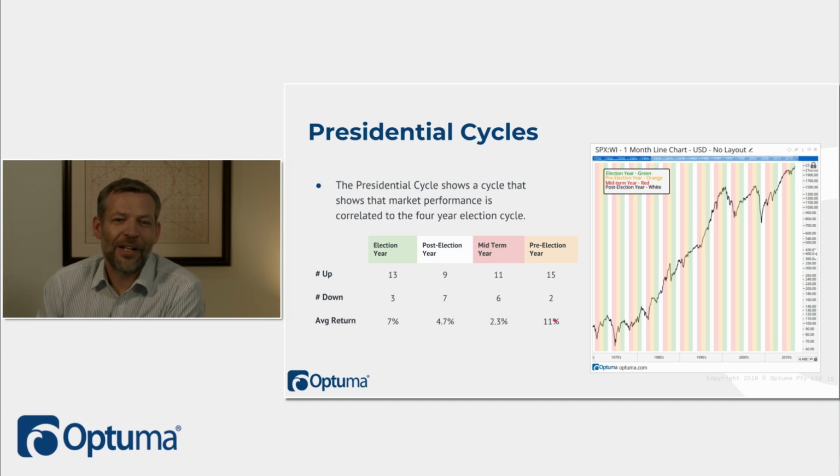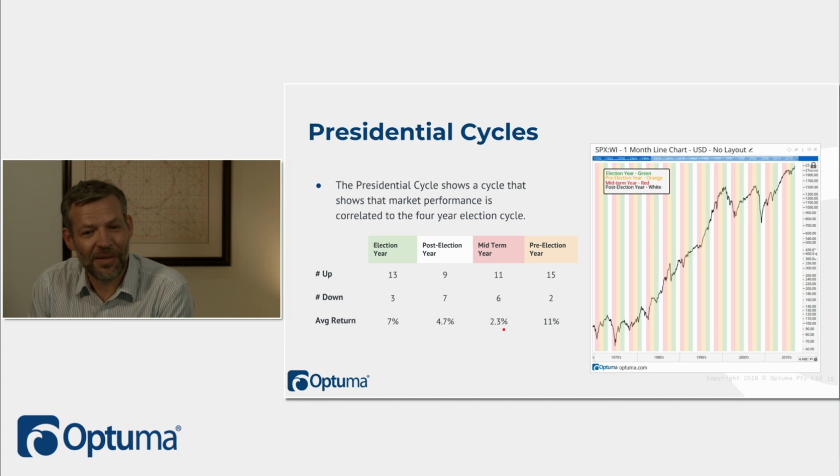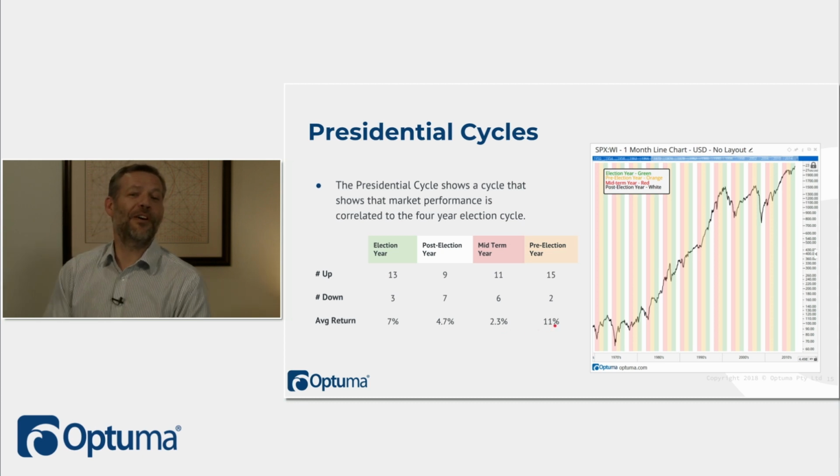Now, obviously, the cynics in us will say that's because the parties are trying to get as much favour as they can, and they're putting through policies which lead to positive business conditions. The mid-year term tends to be the worst. 2018 was a midterm year, and yes, it did seem to be a bad year. Does make it look promising for 2019 if these numbers tend to hold.